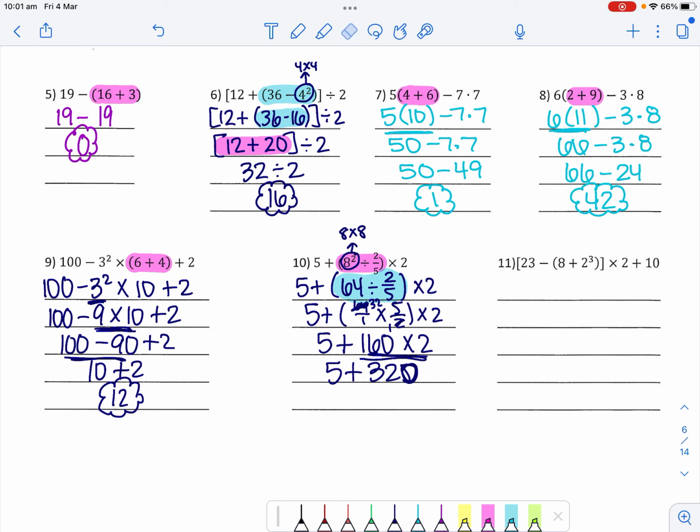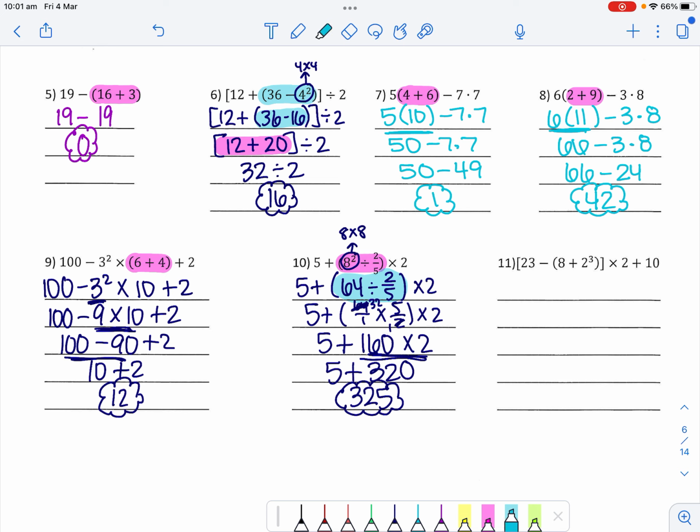And then 320 plus 5 is 325. So that one was a tricky one with the fraction division, but that is something that we do know how to do. We keep change flip, so put that 64 over 1 and then change the multiplication or division to multiplication, and then flip that fraction, cross cancel.